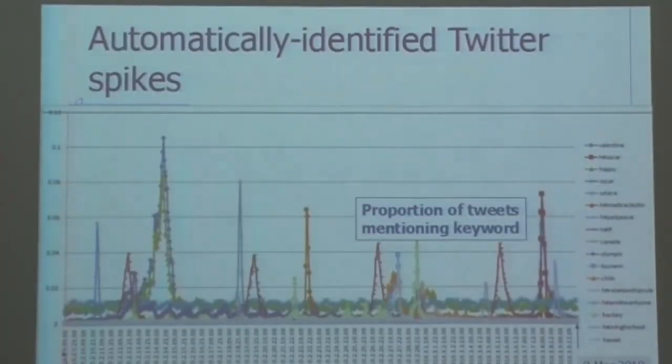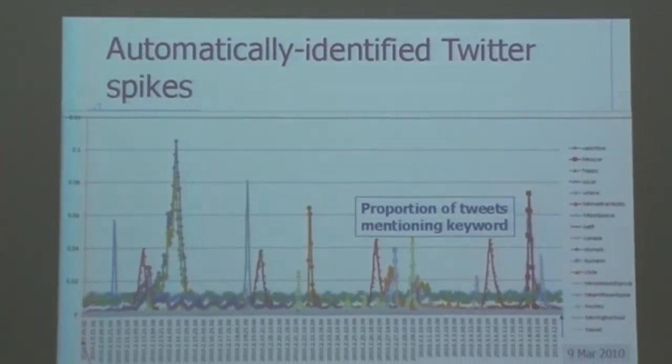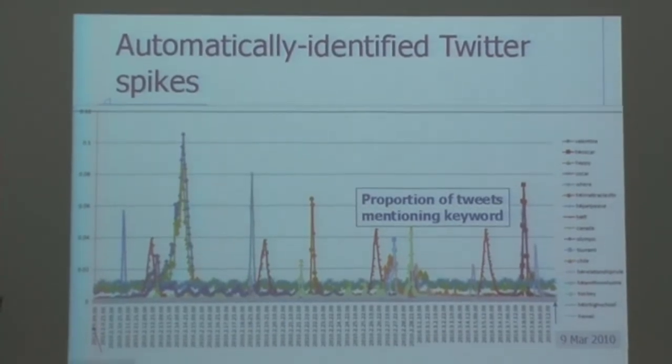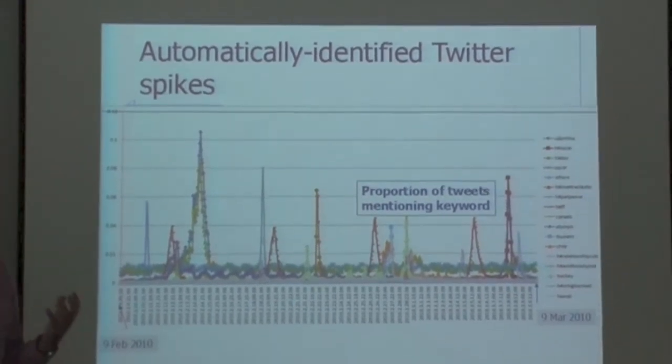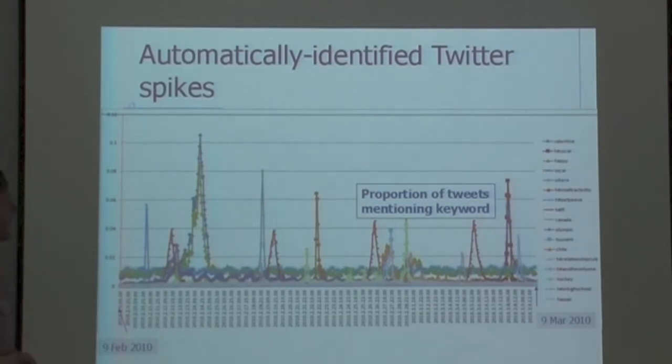So what did we do for the media events? Well, first of all, we tried to find out what are the 30 biggest media events in Twitter for that month. And the way we did it is we collected a month of tweets, and we identified the words in the tweets that caused the biggest spikes, the 30 biggest spikes.